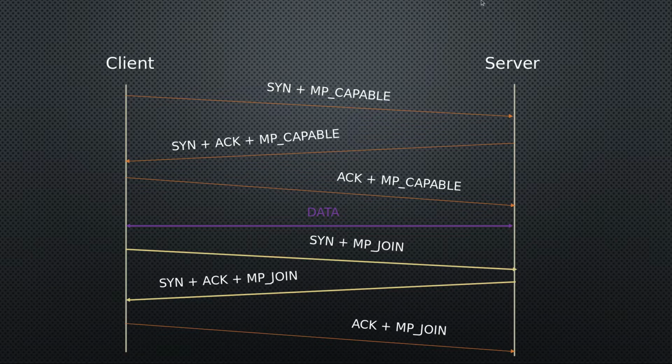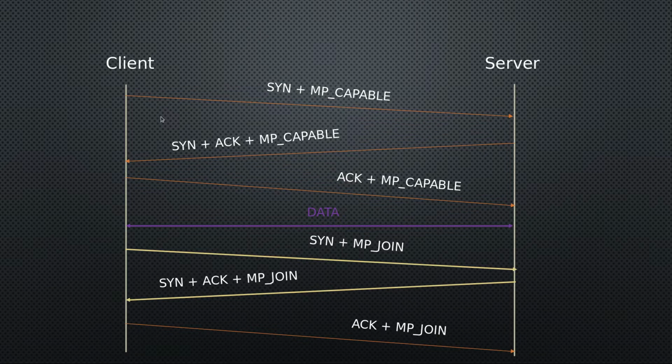In this case, if the server supports MPTCP, it responds with a SYNACK containing MP_CAPABLE too. It means, okay, I support MPTCP too, so let's have the connection by using the multipath or MPTCP protocol, and the client sends the ACK packet so the data transmission can be started.